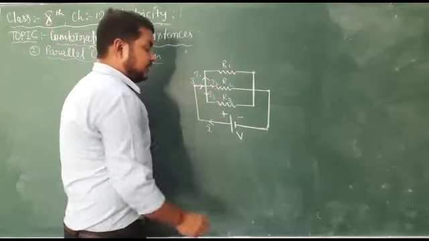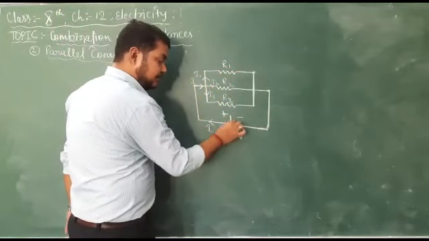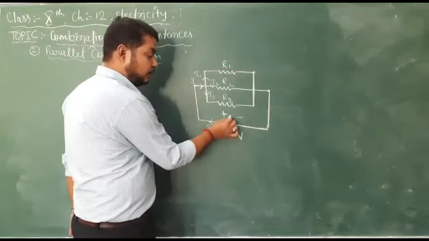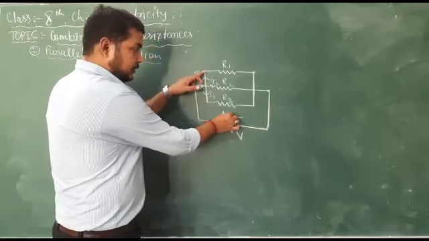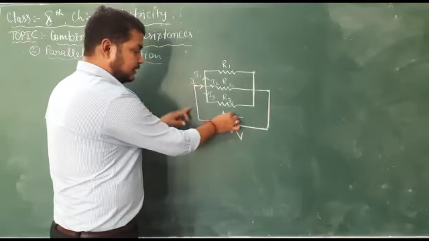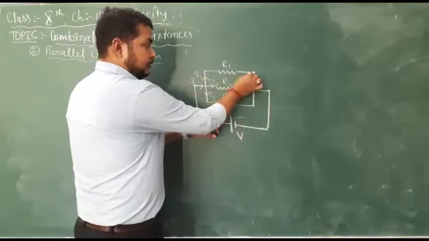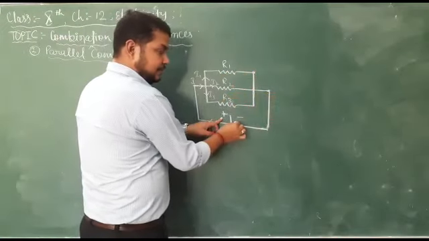Now the supply is V. It has a positive terminal which is high, and this is the negative terminal, low. You can see here R1 has one end connected to the positive terminal and the other end connected to the negative terminal.